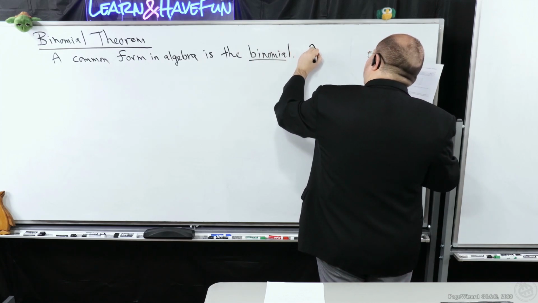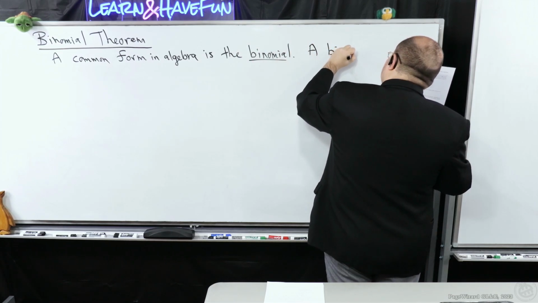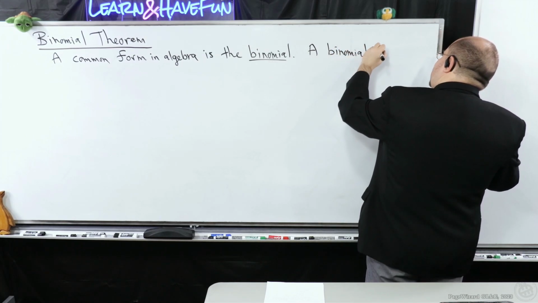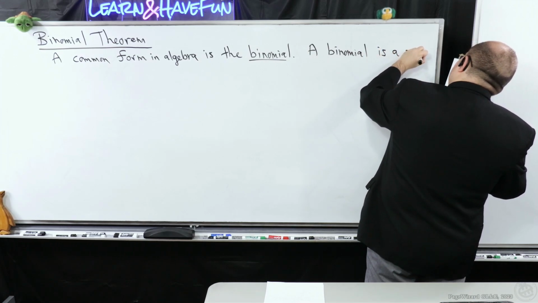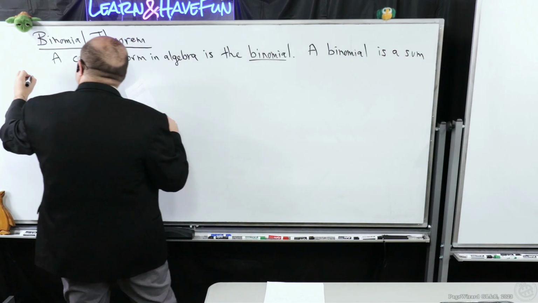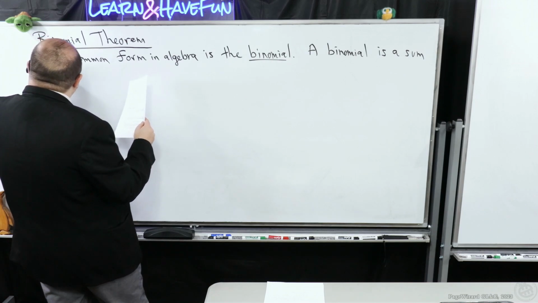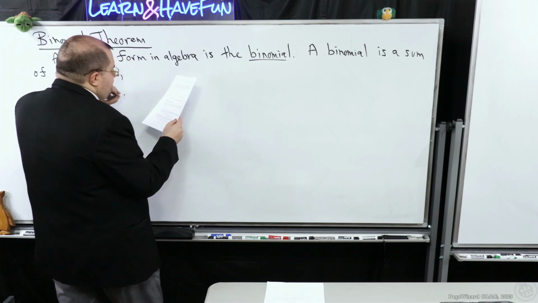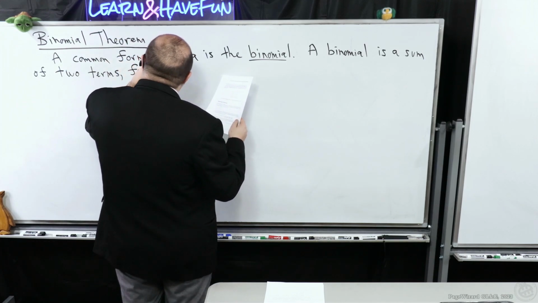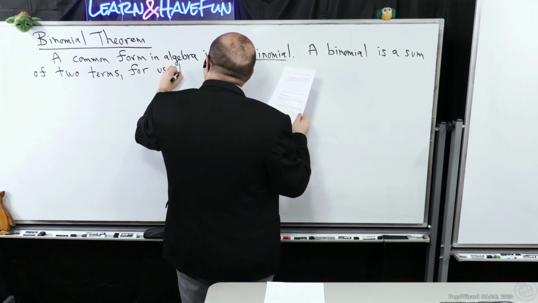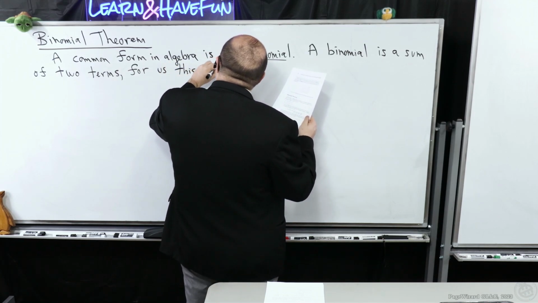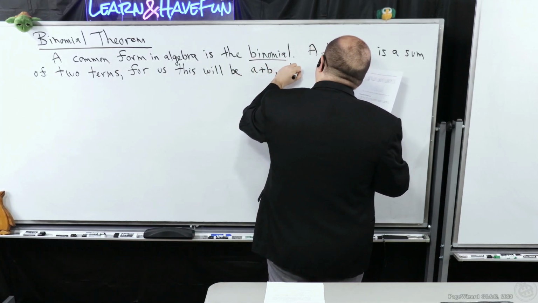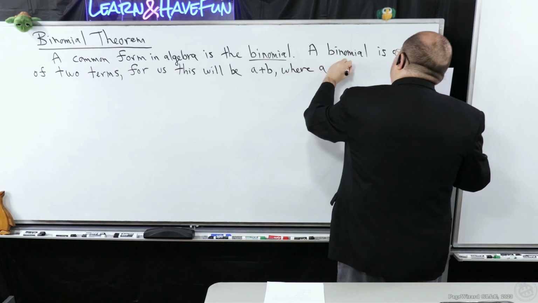A binomial is a sum of 2 terms, usually numbers. For us, this will be a plus b, where a and b are numbers.